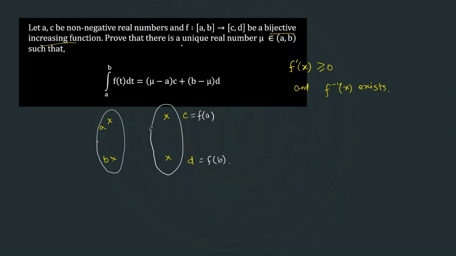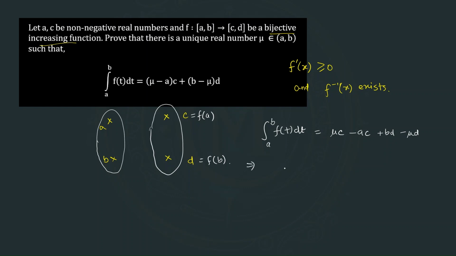Now we have to prove that there is a unique real number mu belonging to open interval a to b such that this holds true. Okay, so let us focus on this relation given here. Let us rewrite this. So integral a to b f of t dt equal to mu c minus ac plus bd minus mu d.